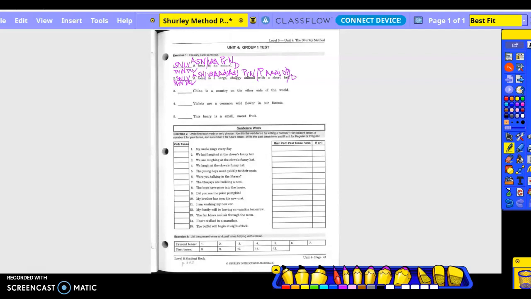Okay. China is a country on the other side of the world. What is a country on the other side of the world? What is being said about China? It is what? Okay, so is country referring to China? Yes, so it's a predicate noun. It becomes a verb transitive.